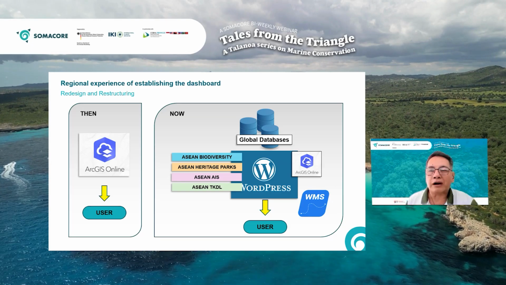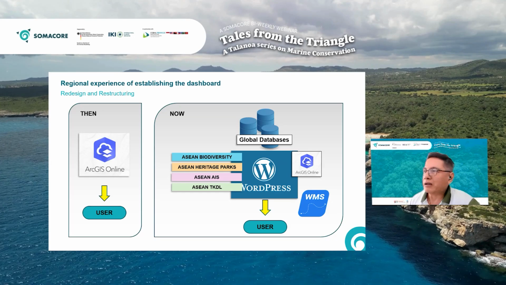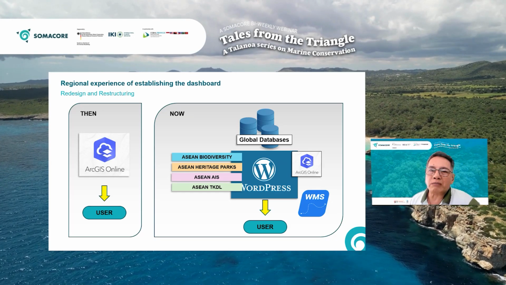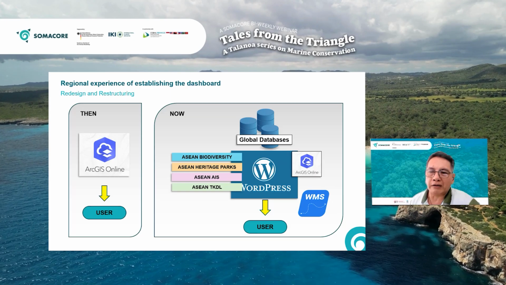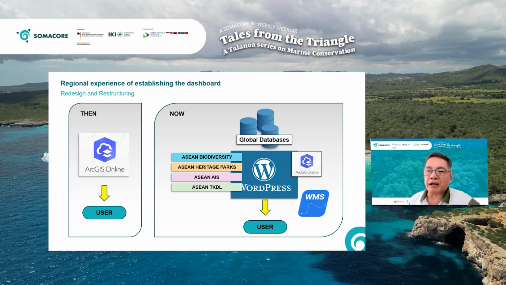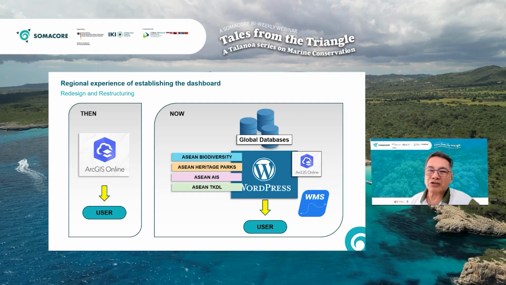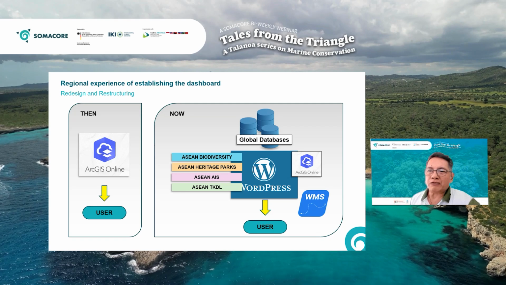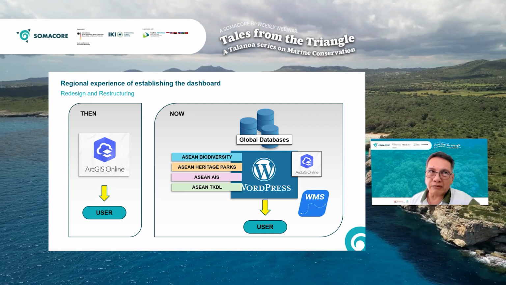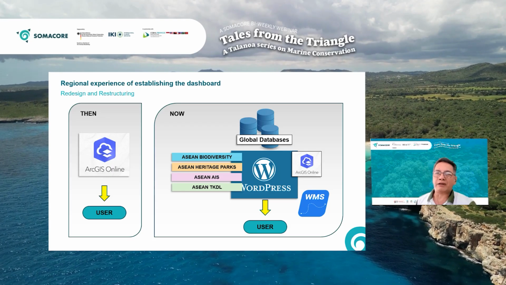We also developed our own web mapping service to host most of the shapefiles offline, locally here, because storing GIS shapefiles in ArcGIS Online is also a lot of credits, especially region-wide shapefiles. They eat a lot of credits.